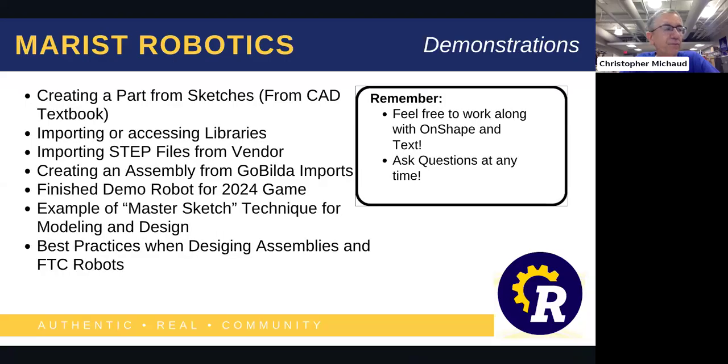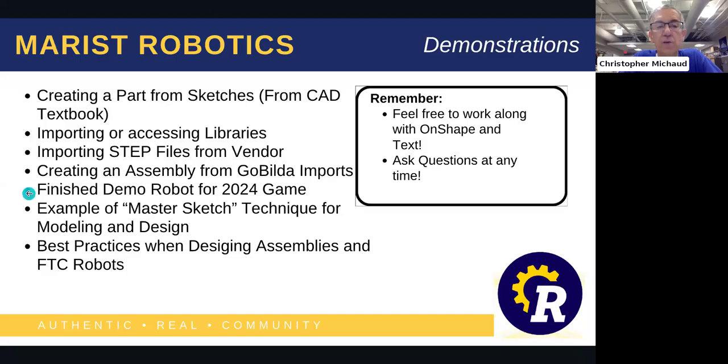All right. So these are the demonstrations I'm going to work through in our next half hour or so. I want to demonstrate how to create a part from sketches, using an example from the textbook I have. I want to show how to import and access libraries from different vendors, how to import a step file from a vendor, and how to create an assembly using the GoBuilda imports.